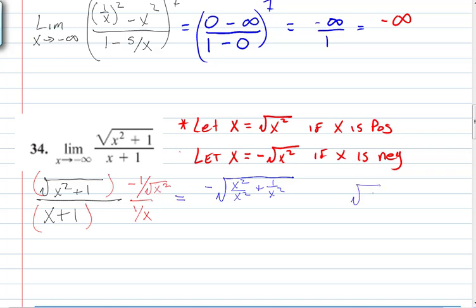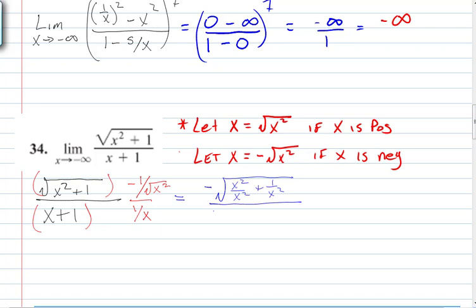If you have the square root of a plus b divided by the square root of c, that's going to be the square root of a over c plus b over c. Now you okay? Yeah, I got to remind you of those rules. I don't mind. So this is all over x plus 1 over x when I distribute.